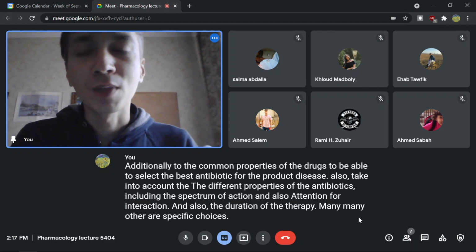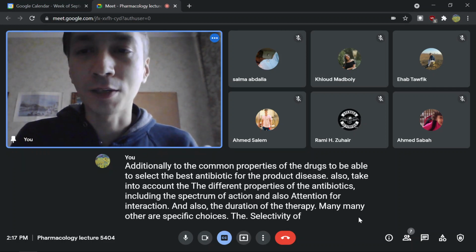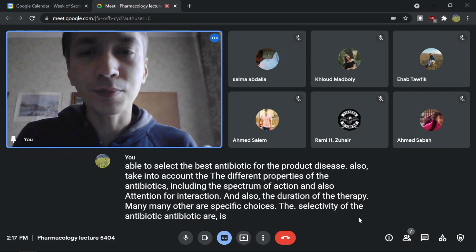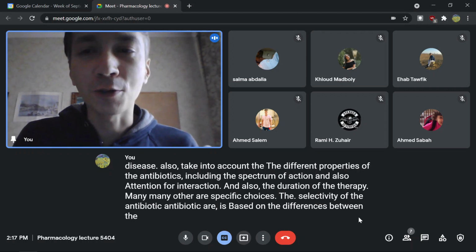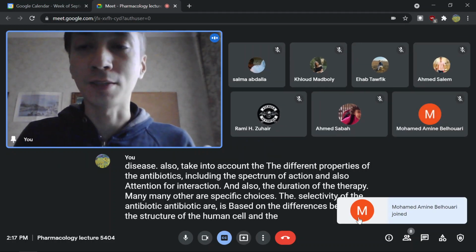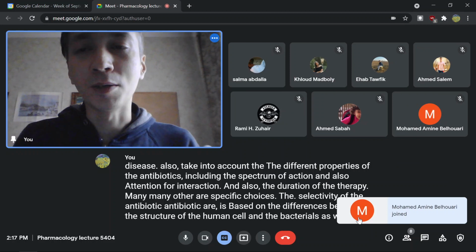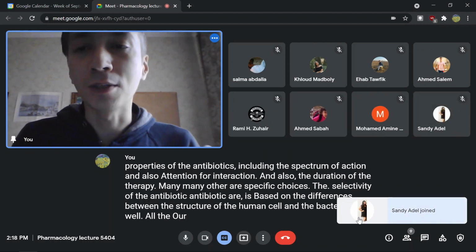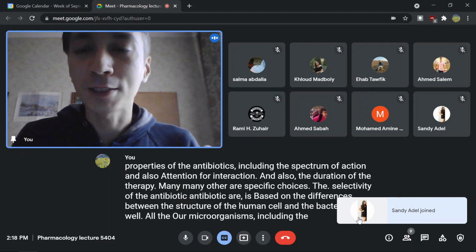And the selectivity of the antibiotic is based on the differences between the structure of the human cell and the bacterial cell, or the other microorganisms, including the viruses.